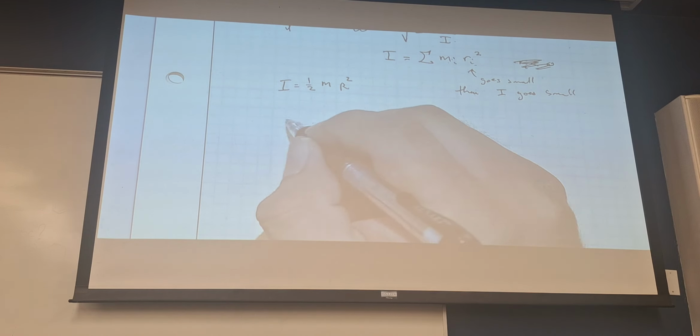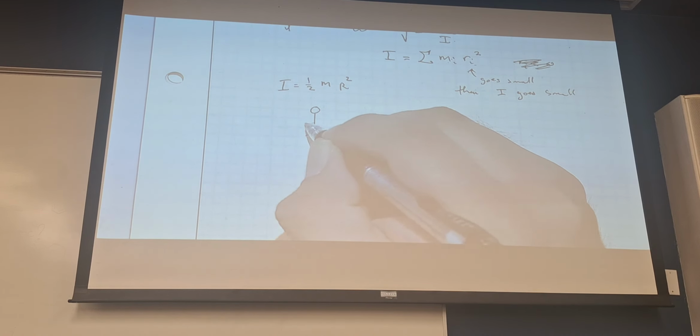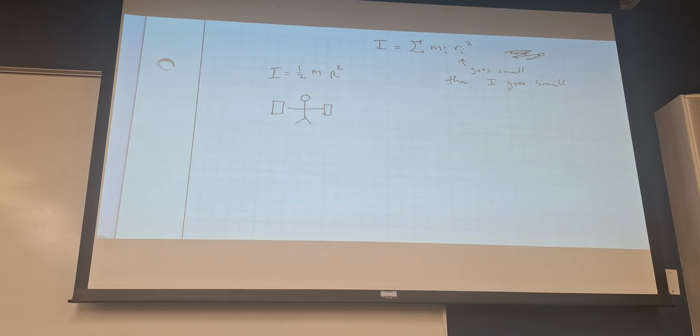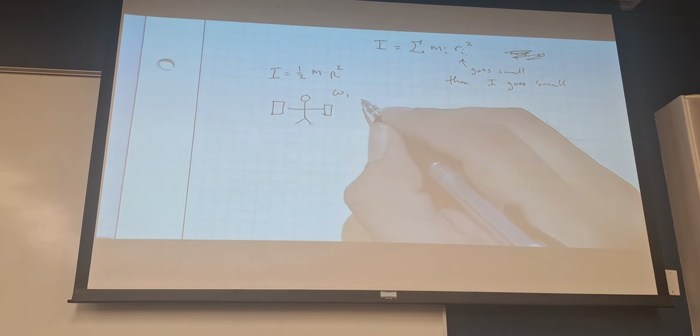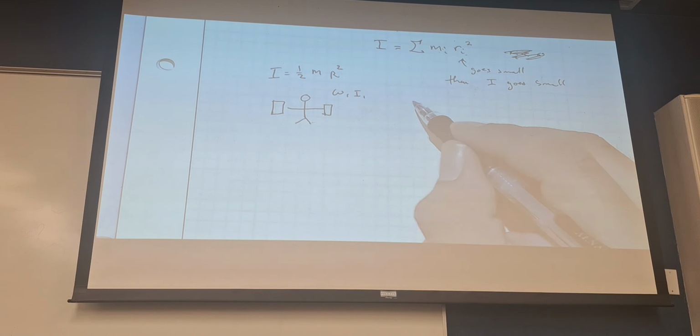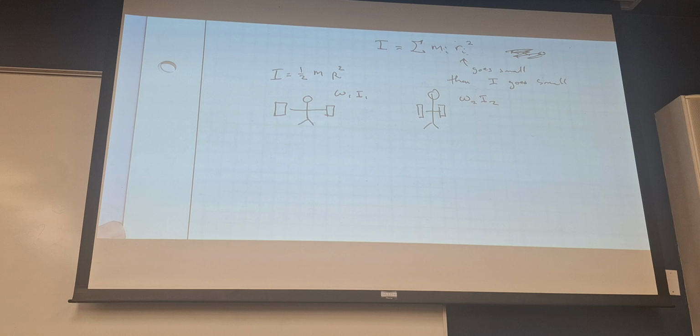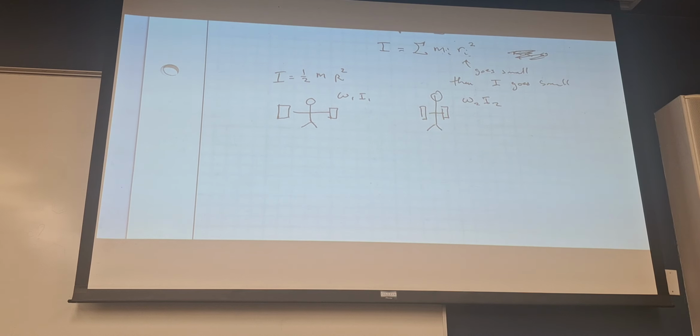So, as an example, we have a person holding out stuff. Let's call this omega-1, I1. And then they draw their arms in. And this is omega-2, I2. And by conservation of angular momentum, or kinetic energy really, you can relate these two. But you can also relate them just by angular momentum.